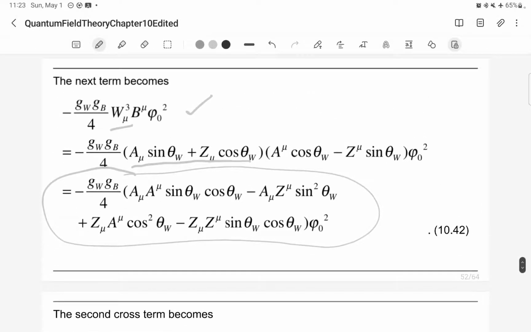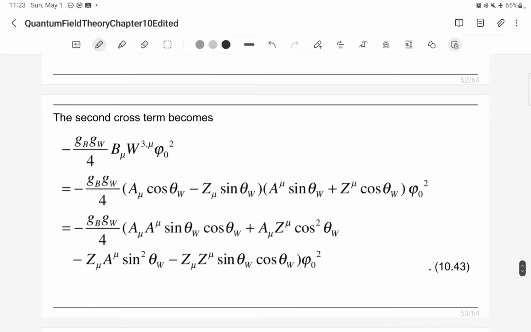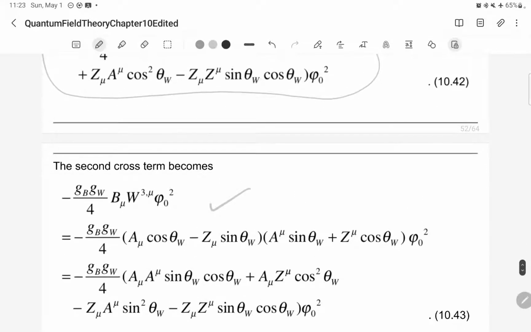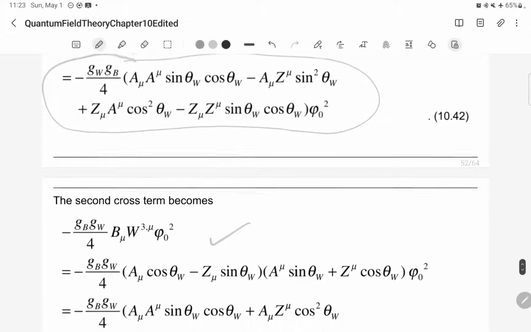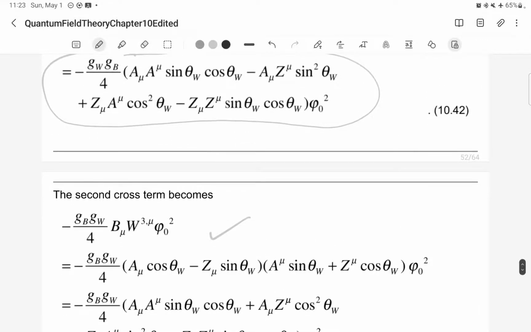And for the second cross term, we have this one. So as you can see from here, we can actually cancel this one and this one, and of course this one and this one.